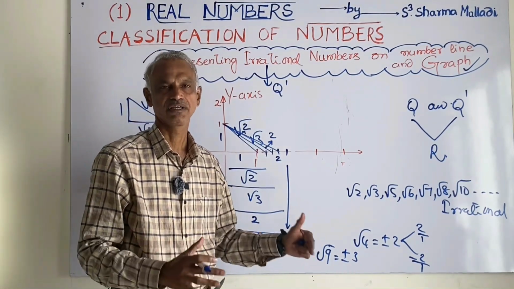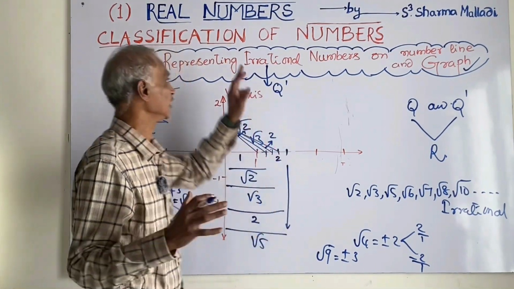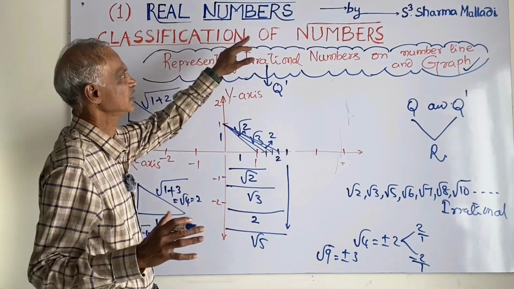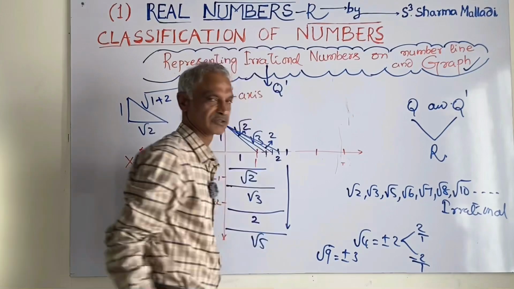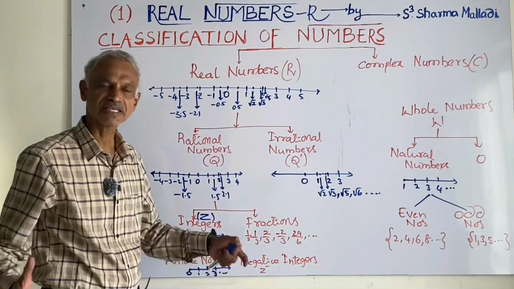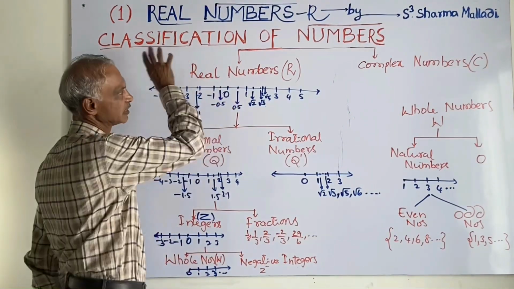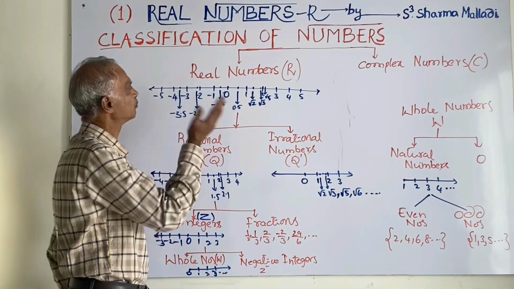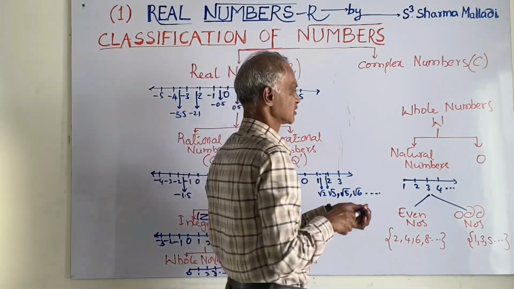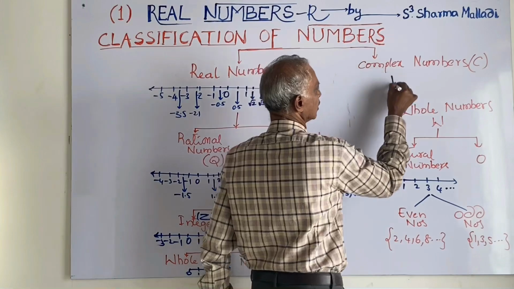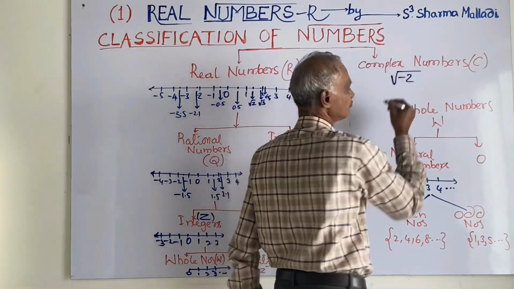Now we came to real numbers. Real numbers are represented by R. Now classification of numbers. Numbers are divided into 2 parts: real numbers and complex numbers. Complex numbers are those like root of minus 2.